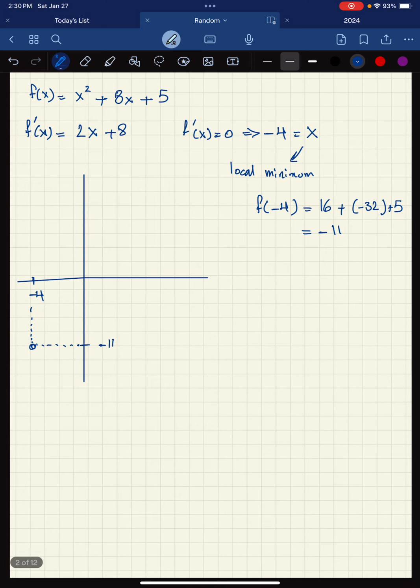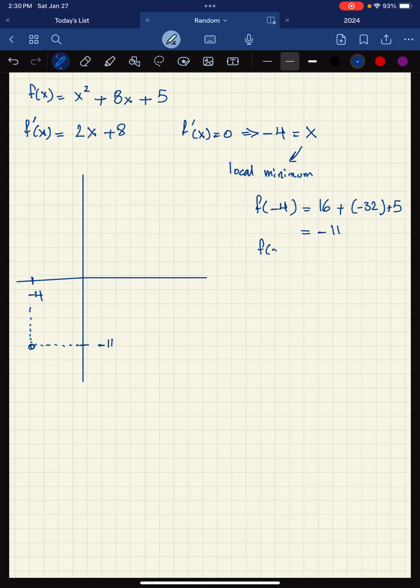Now we can try to show an estimate of how our function is going to look like. If we put f of 0, we will get 5, which means our function is going to collide with the y-axis here. And since it's symmetric, it looks something like this. Of course, my drawing is not perfect, but it looks something like this. And as you can see, there are two roots, and we can find those roots based on this formula, minus b plus or minus.